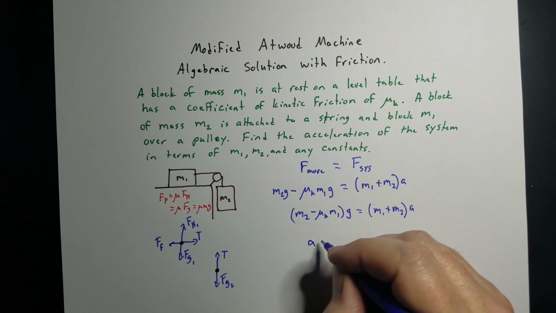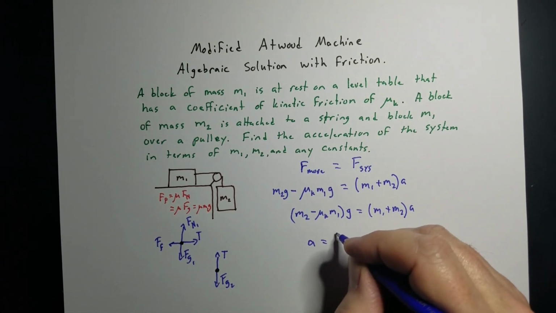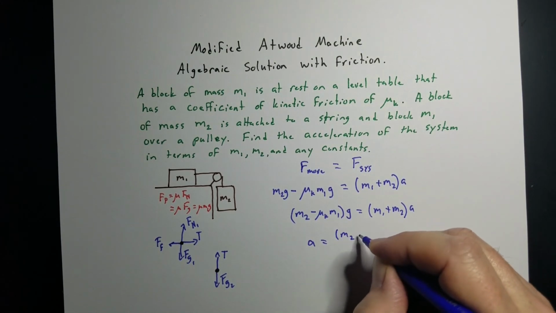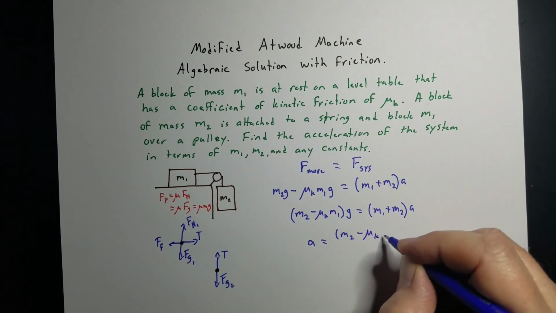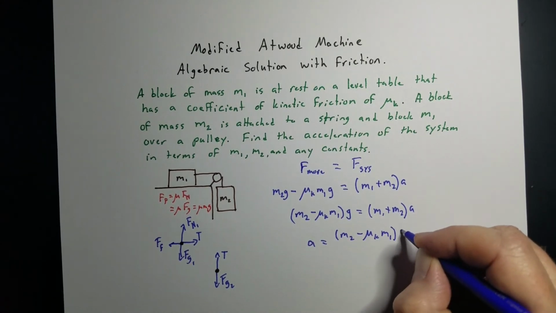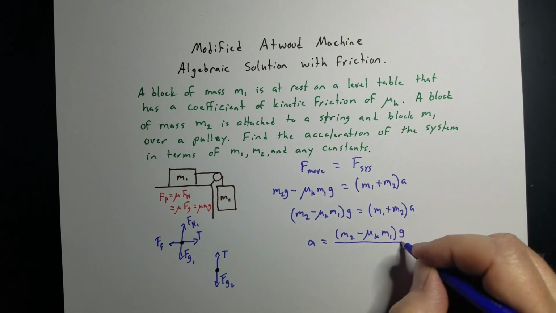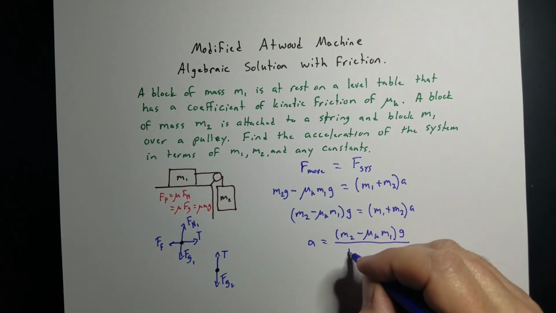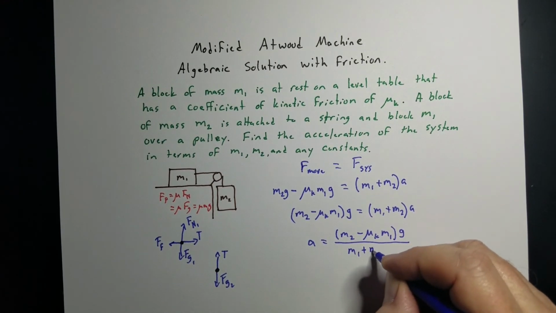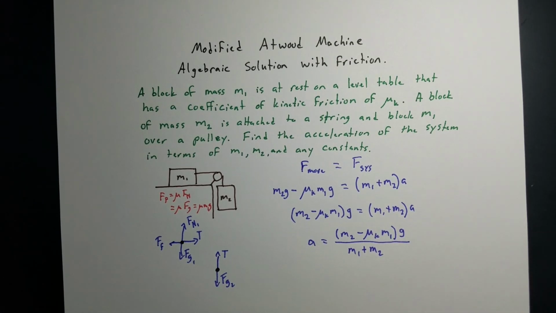So A equals (M2 minus mu K M1)G divided by M1 plus M2. And that will be the acceleration of this system with friction. And then you could substitute in numbers for M1 and M2 to actually calculate what the acceleration is.